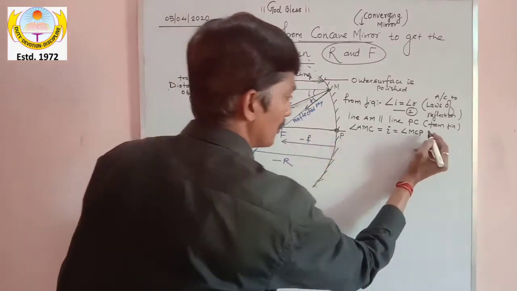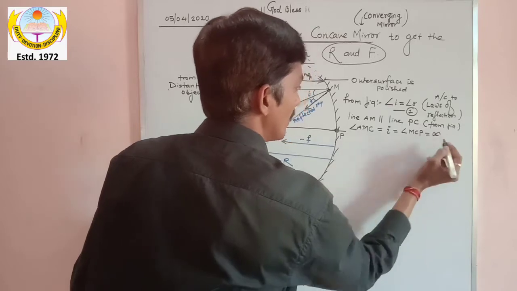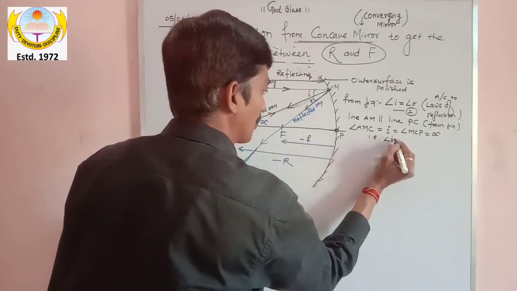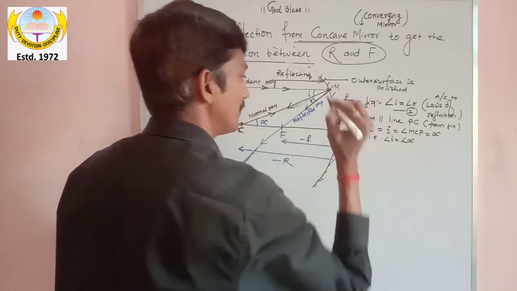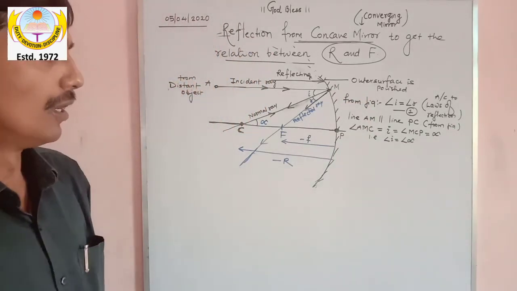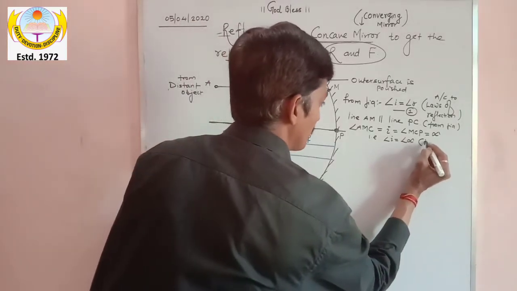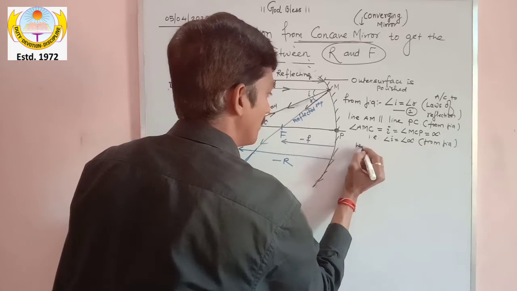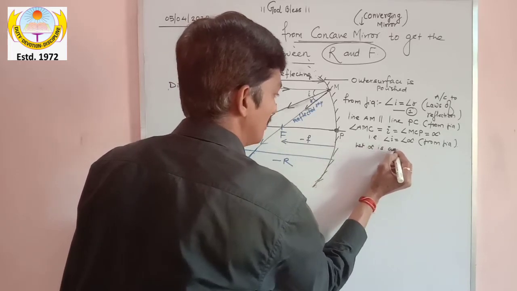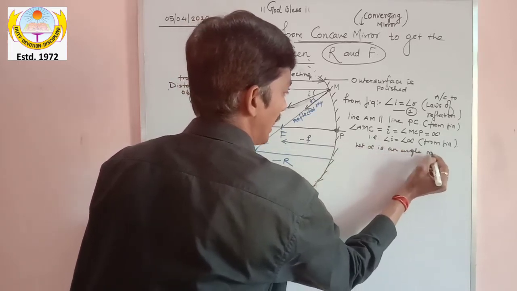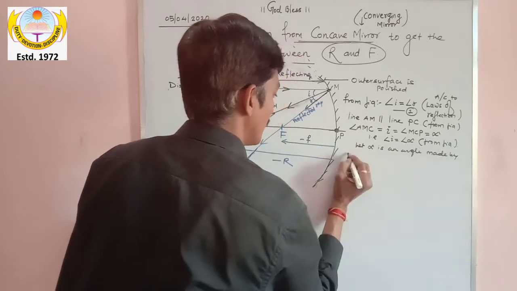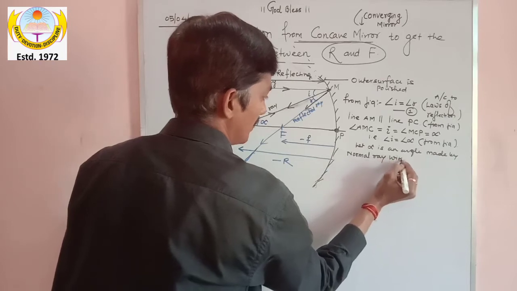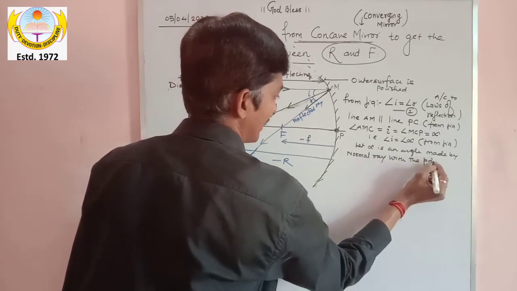So this is equal to alpha. It means angle i is equal to angle alpha. Okay, this is from the figure. And what is alpha? Alpha is the angle made by the normal ray with the principal axis.